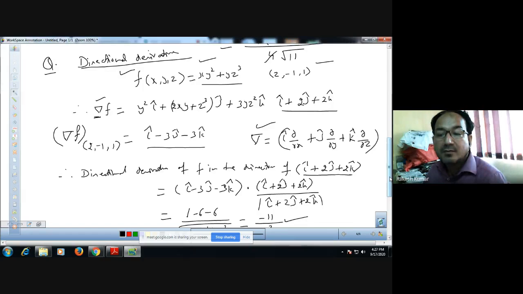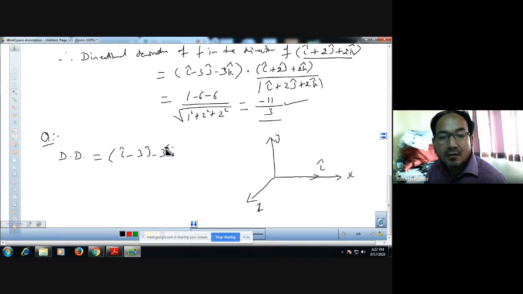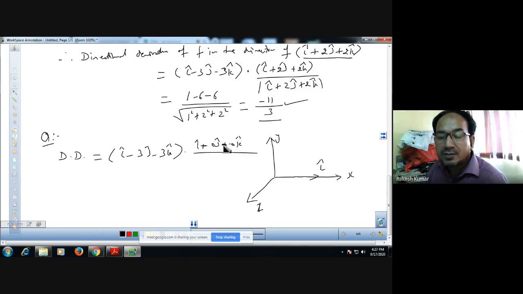But remember, we need to find out the directional derivative of this vector in the direction of x-axis. So in the direction of x-axis, we just have i cap, and that is plus 0 j cap and 0 k cap. Just simply you need to write 1, 0, 0, and divided by its magnitude, and magnitude will be square root of 1 square, 0 square and 0 square.